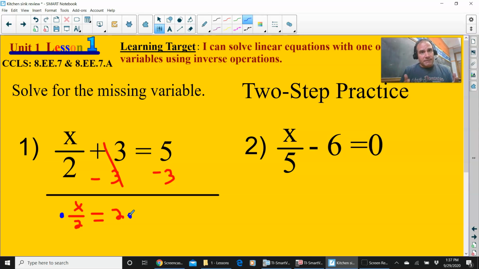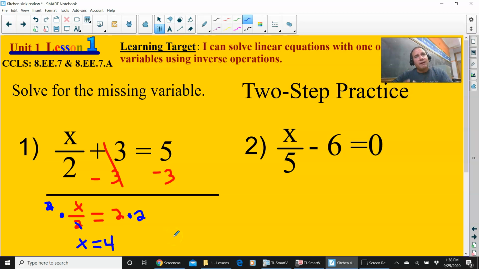So that means you have to use multiplication to undo division and to get that variable alone. So it's just like multiplying by the reciprocal. I'm not going to put the 1 underneath it, because there's no need when the reciprocal is 2 over 1 to put that there, because the 2s will cancel, x comes down, and x equals 4. And you are finished with this problem.